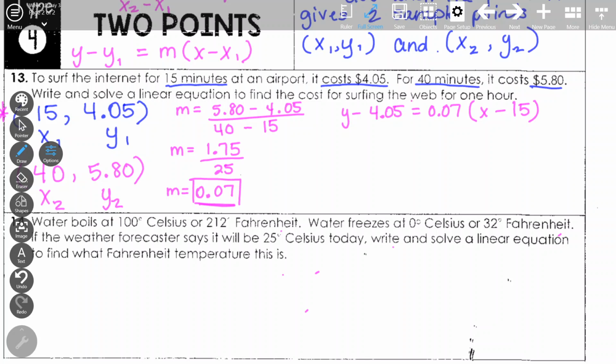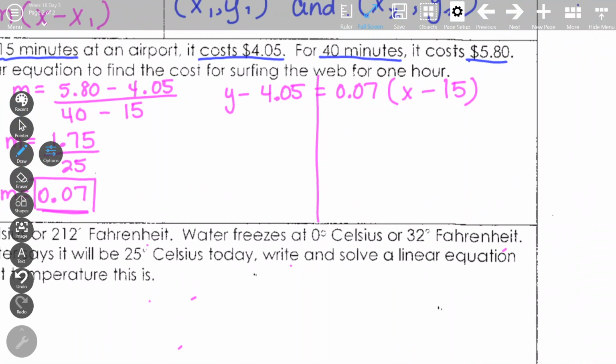Now we're going to solve this equation. This is going to give us our equation. So y minus 4.05 equals 0.07 times x is 0.07x. Now we got to multiply 0.07 times negative 15. A positive times a negative is a negative, so let's put that down, negative. And 15 times 0.07, you get negative 1.05.